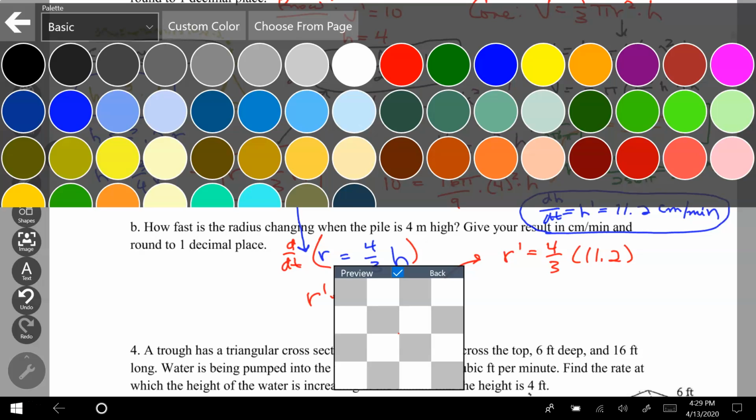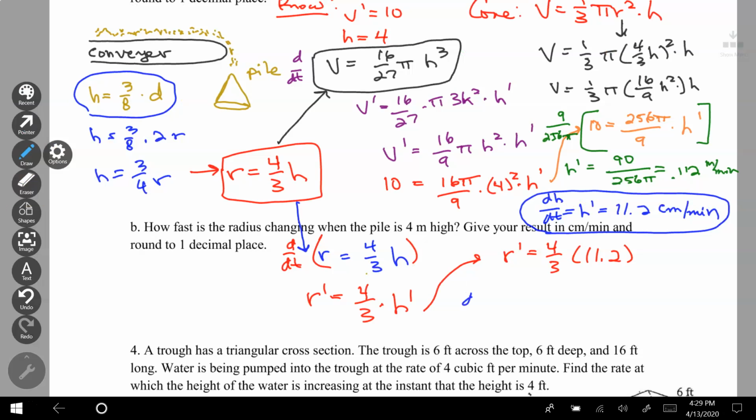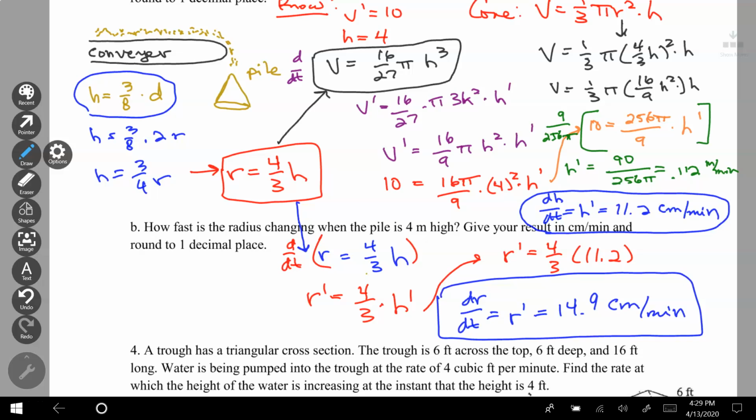So I get dr over dt is equal to r prime is equal to 14.9 centimeters per minute. So for this problem, at the moment when the height was 4, the height was changing at 11.2 centimeters per minute, and the radius is changing at 14.9 centimeters per minute.